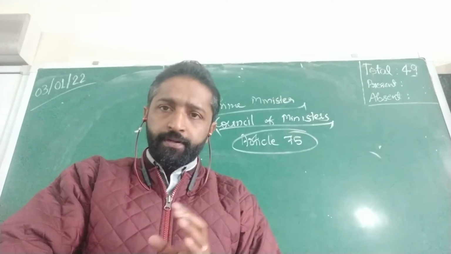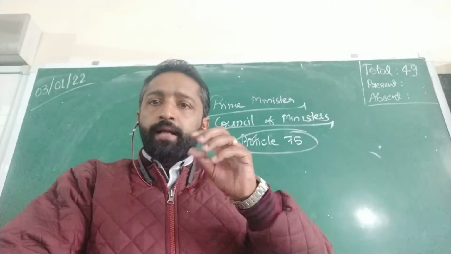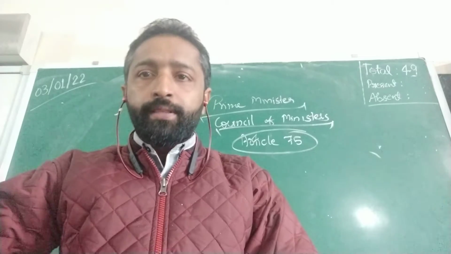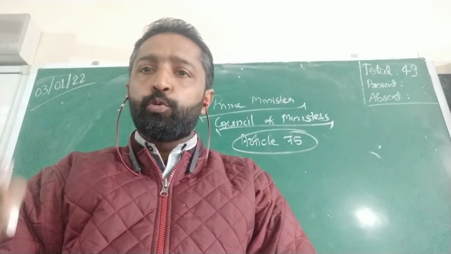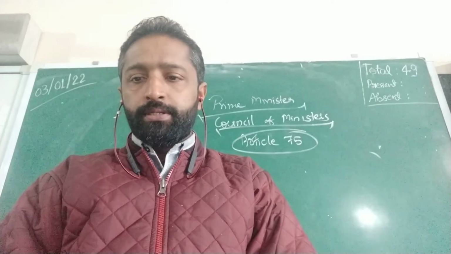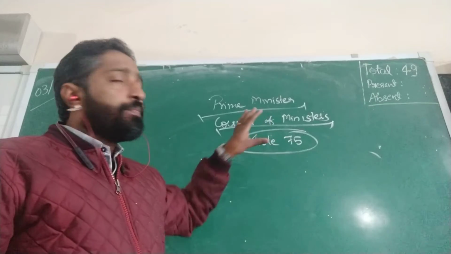First, the Prime Minister will be appointed by the President of India. Then other ministers also will be appointed by the President of India on the advice of the Prime Minister. The Prime Minister will choose the persons whom he wants as the ministers. And that's what we mean by the term Council of Ministers.